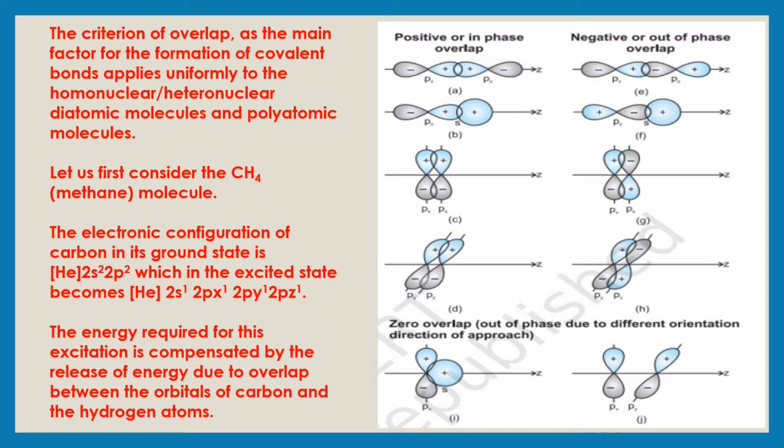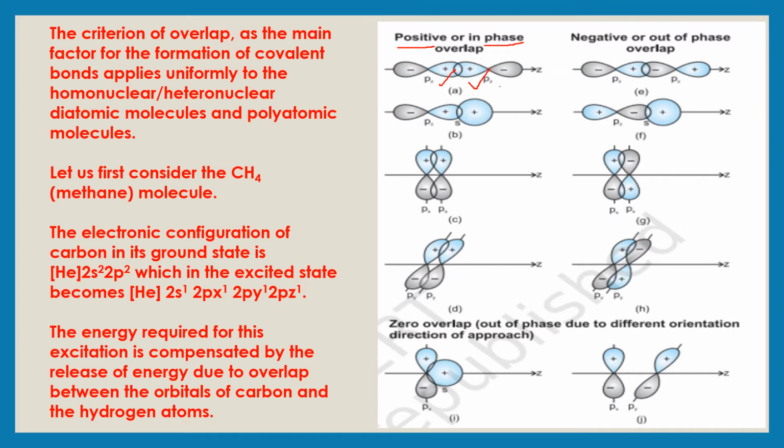Now, these are three categories. Positive overlap, which is also called in-phase overlap. In that, you will show the positive side of the dumbbell of one atom overlapping with the positive side of the other. As I told you, they are not charges. So we are showing the common area where the probability of finding an electron is there.